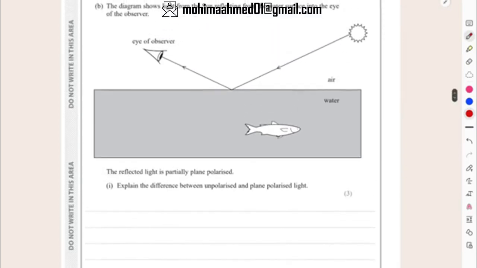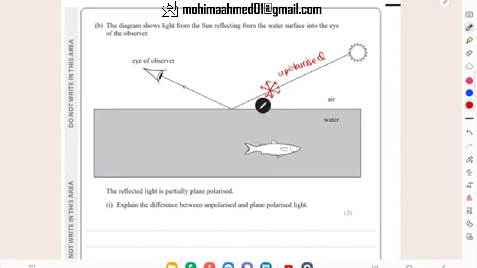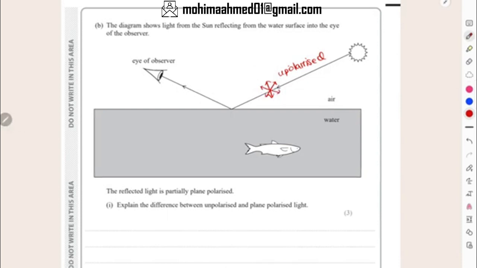So to understand plane polarized light, let's first start with unpolarized light, right? This was unpolarized light. In unpolarized light, the vibrations are actually in multiple planes. As you can see, this can represent vibrations in three planes, right? I can only draw up to three planes, but in real life, unpolarized light can be vibrating in thousands of planes without any count.